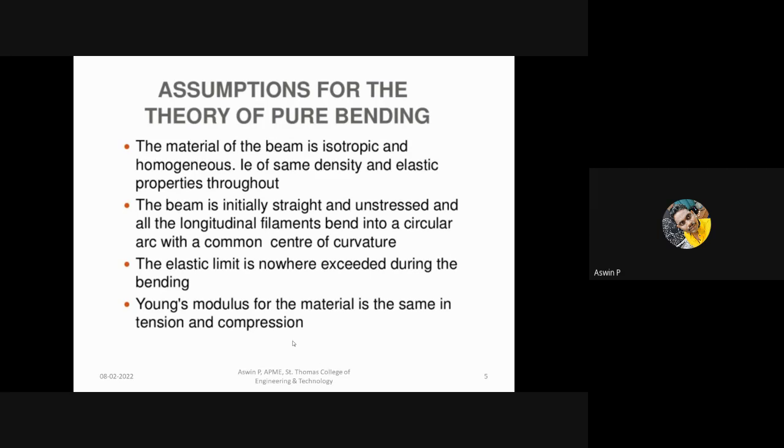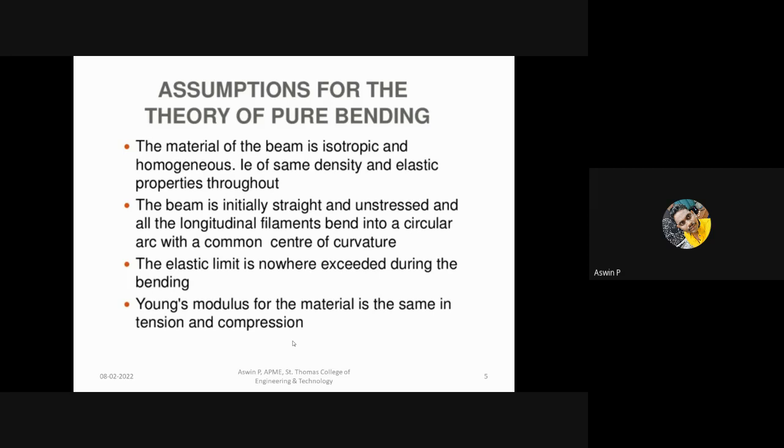And for the assumptions, we need to take the following. The first one is that the material should be isotropic and homogeneous. You have already known that isotropic materials are there and homogeneous materials are there. And the question was asked in your series question paper as well. So no further explanation required.